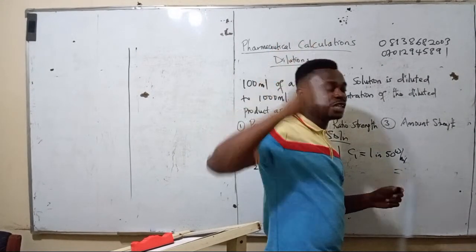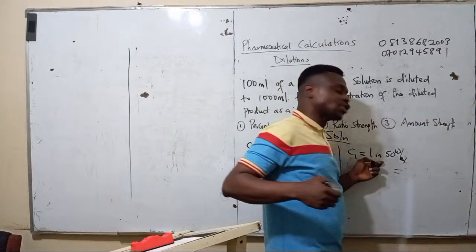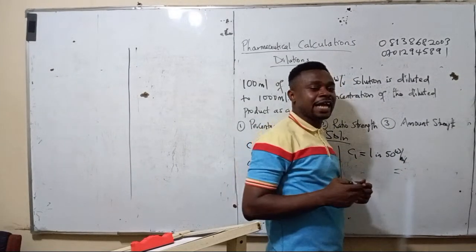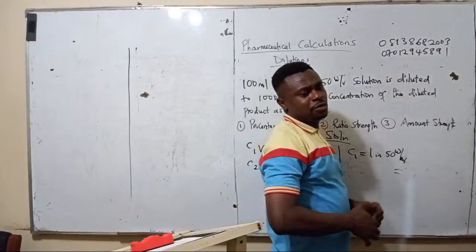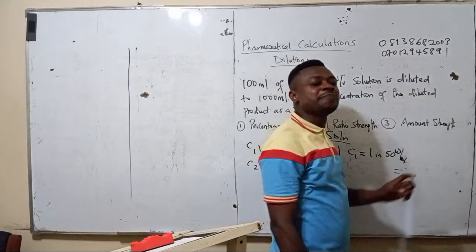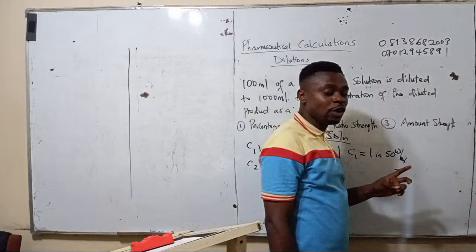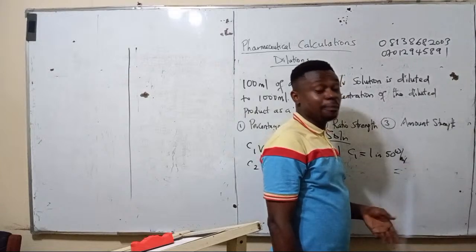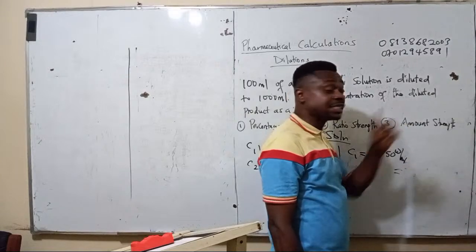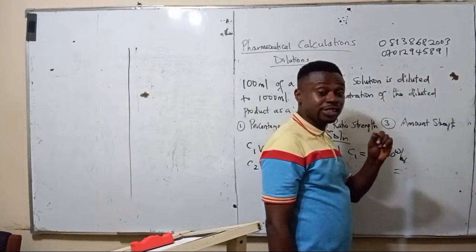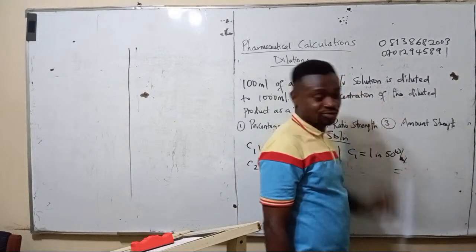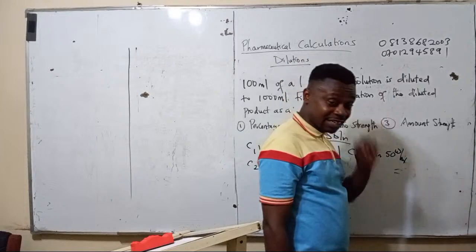If we have weight in weight, the weights must not be in a particular unit. They can be in milligrams, but the most important thing is that they should be the same before you can divide.